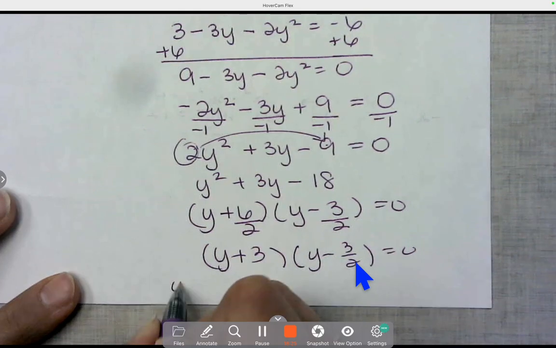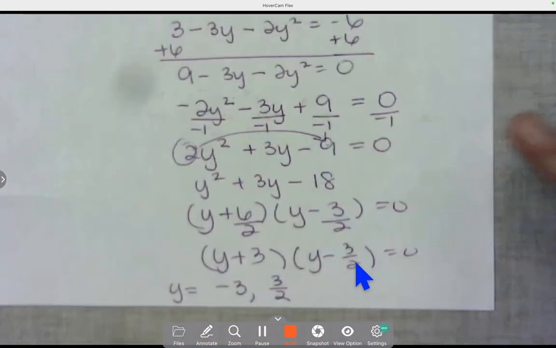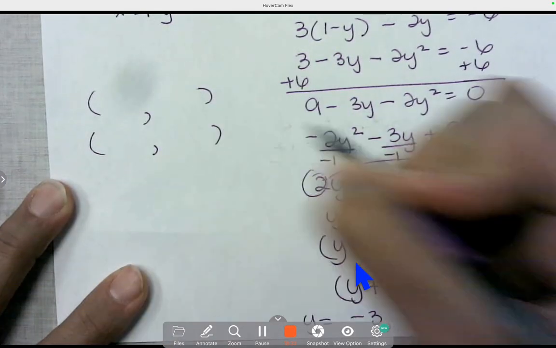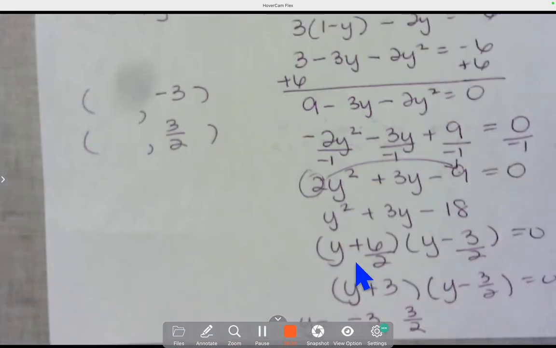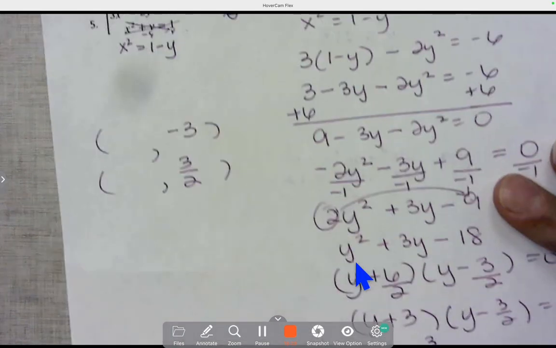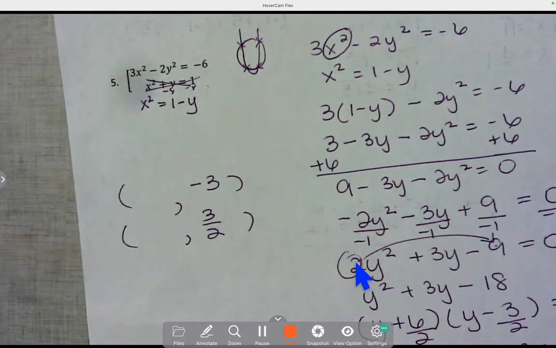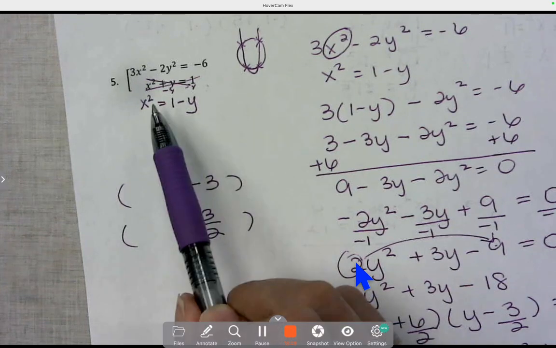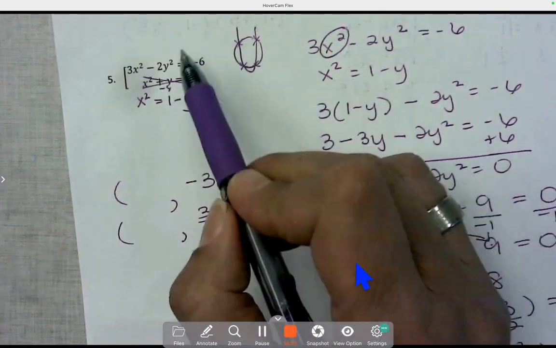So when we solve, we get y equals negative 3 and positive 3/2. That is y, so we make sure we put it where the y is. When I try to find x, will it be easier to plug negative 3 into this new equation that I solved or that original one?